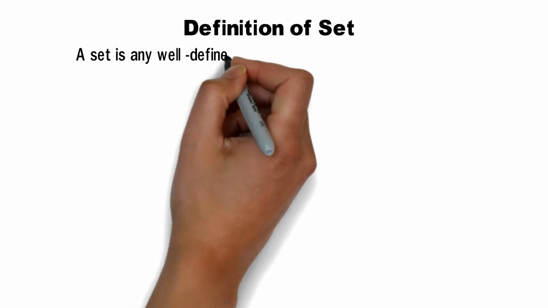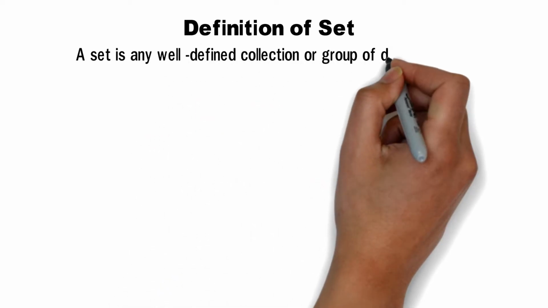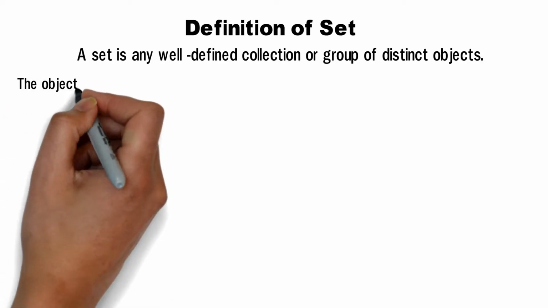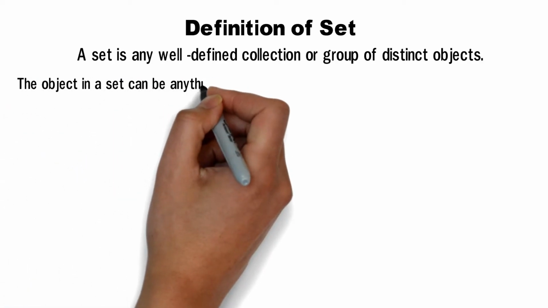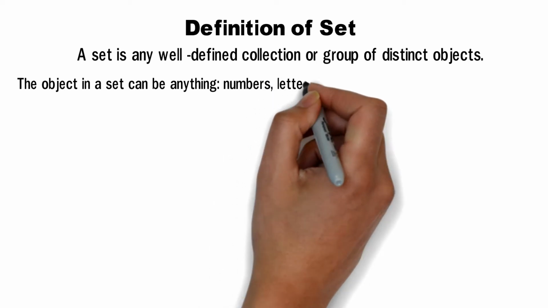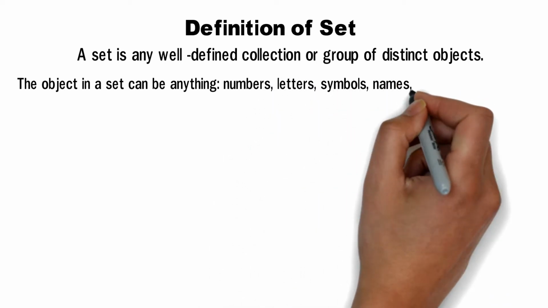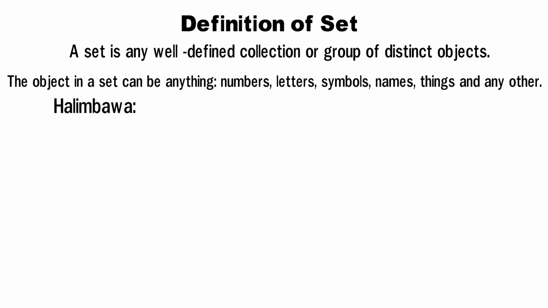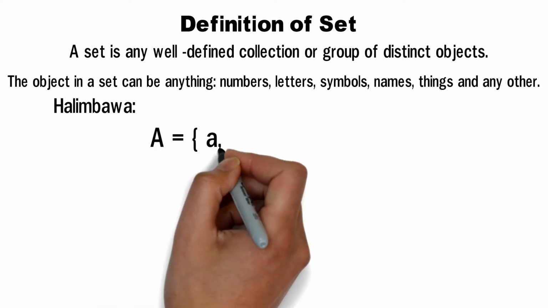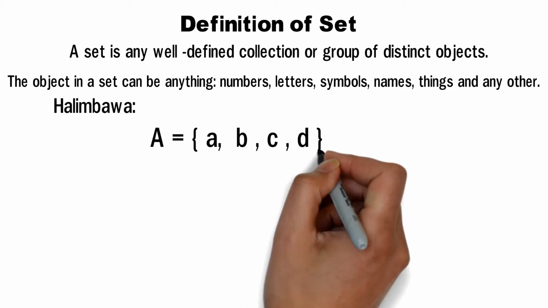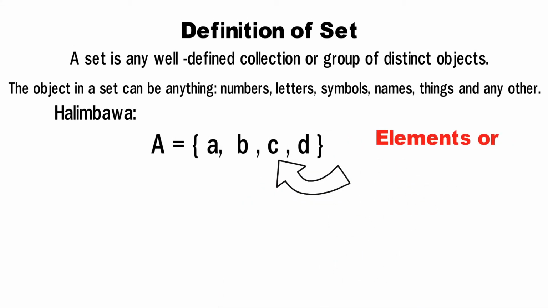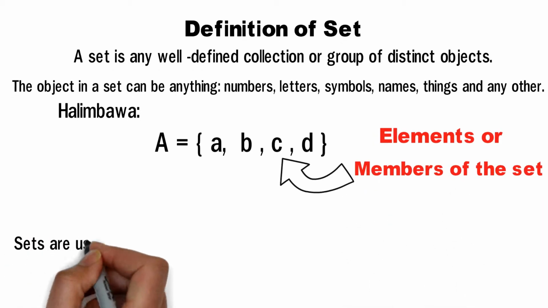Definition of set. A set is any well-defined collection or group of distinct objects. The objects in a set can be anything: numbers, letters, symbols, names, things, and any other. Halimbawa, we have set A consists of a, b, c, d. Ang object na nasa loob ng set A ay tinatawag na elements or members of the set.